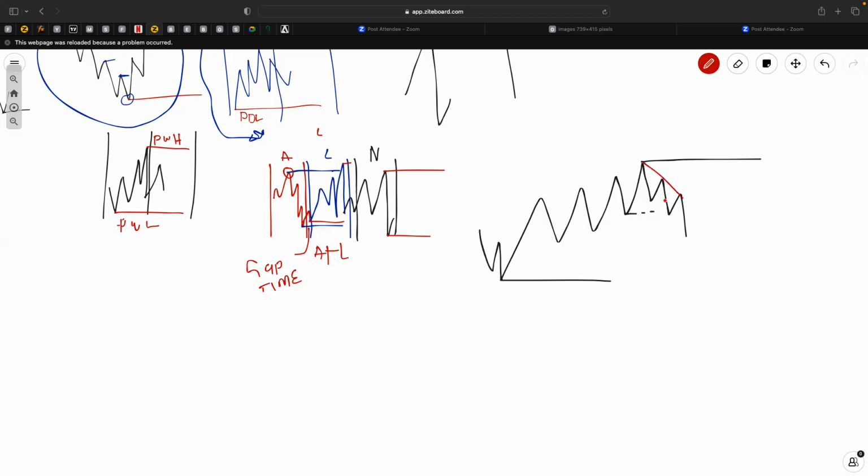Why? Because the rule of break of structure is that the volume of the existing swing must not be stronger than the volume of the break of structure. So look at how this one is moving impulsively. Look at how this one is moving impulsively.